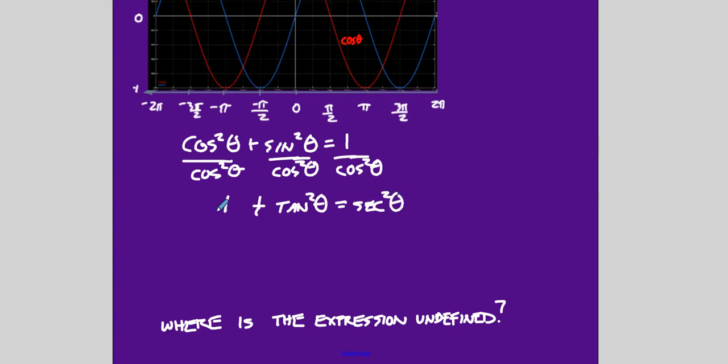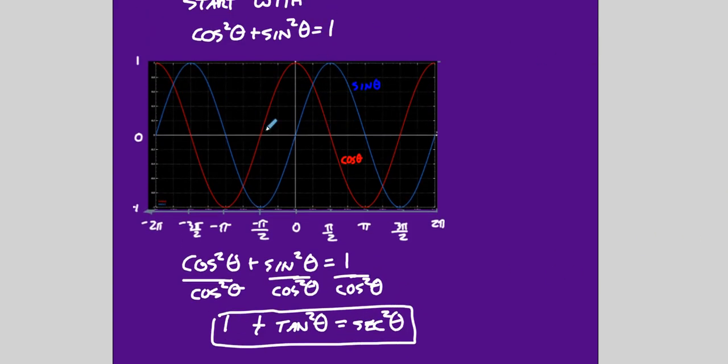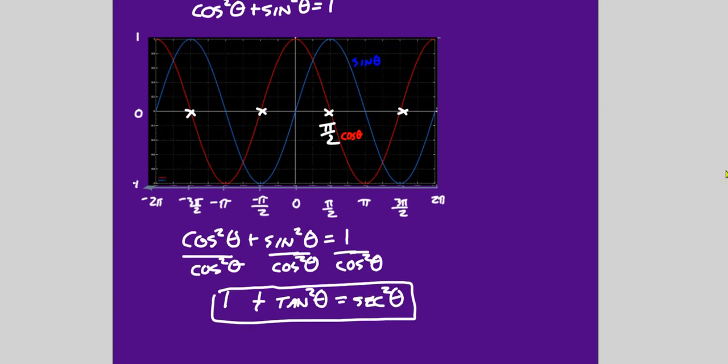There's our identity. Now, where is this thing undefined? Well, we're dividing by cosine again. And we just showed that cosine is undefined here, here, here, and here. And this is pi over 2. So this is pi over 2 plus pi k, where k is an integer, pi over 2 minus pi k, where k could be a negative integer also.